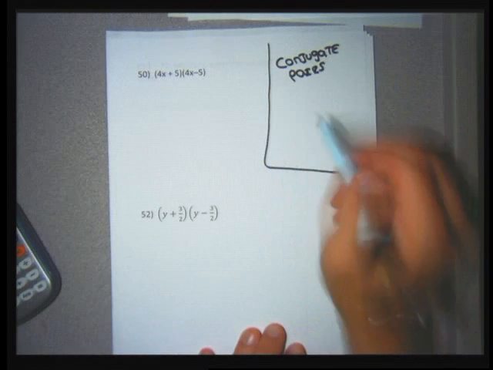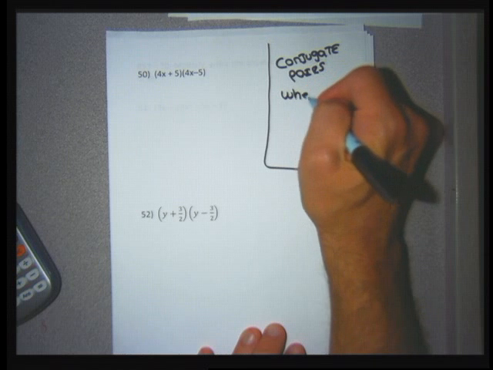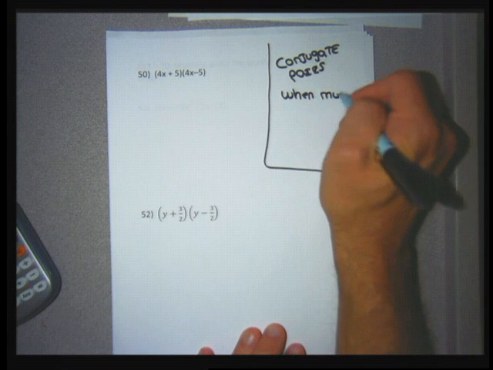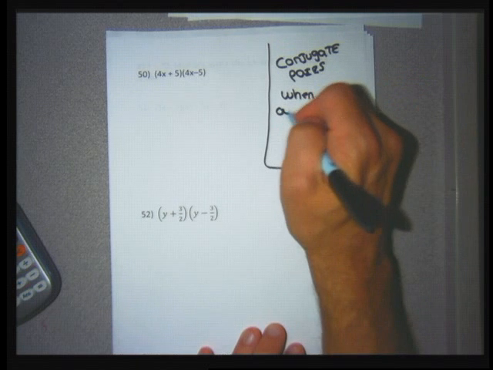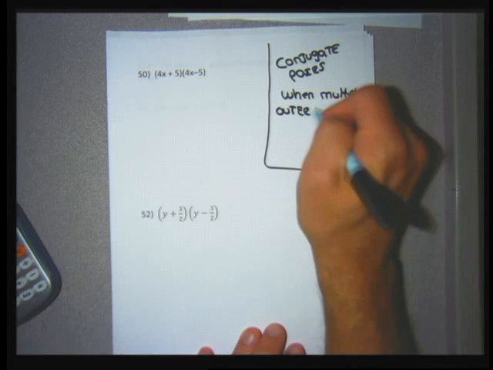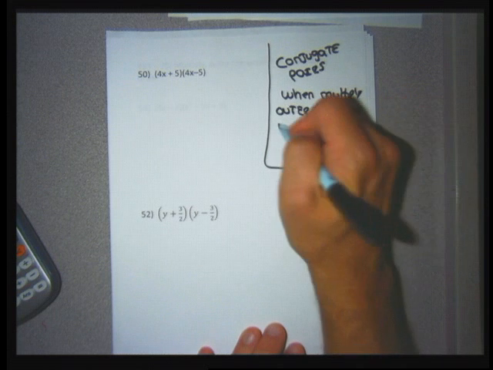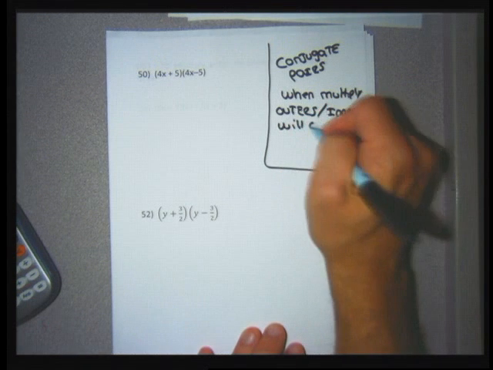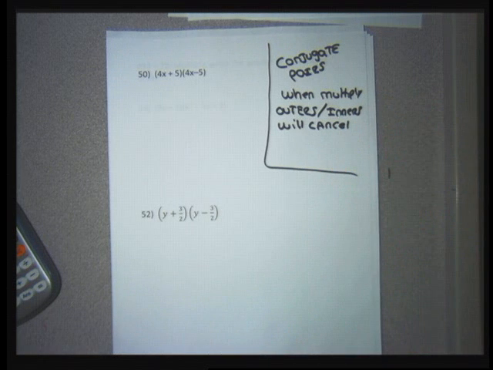And when you multiply conjugate pairs, the outers and the inners will cancel. A lot of times I multiply these in my head and don't even show the foiling.